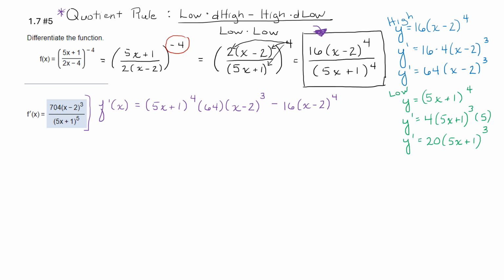So in the green, we'll have the 20 times the 5x plus 1 to the third. That whole amount is over low times low. So 5x plus 1 to the fourth times 5x plus 1 to the fourth.